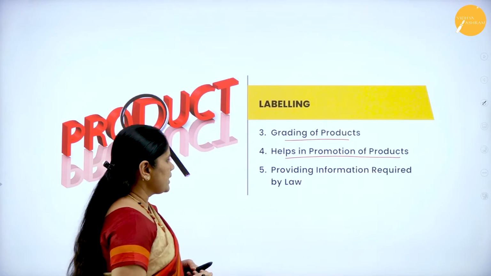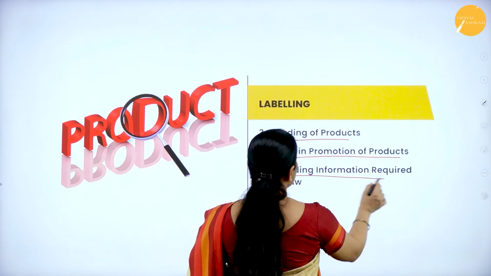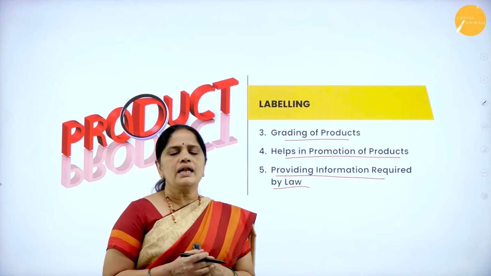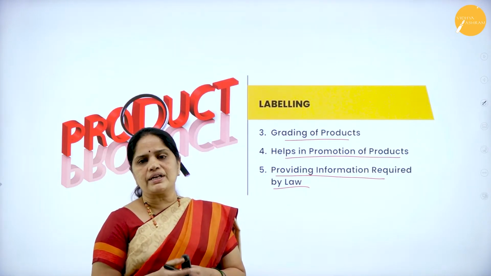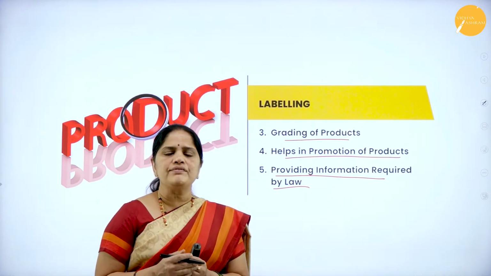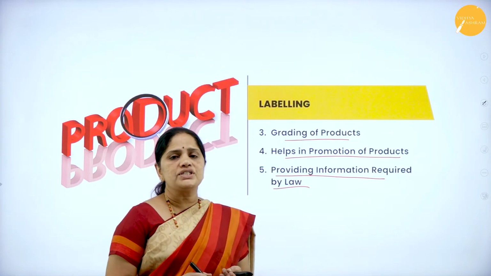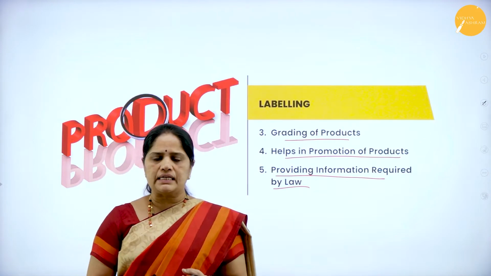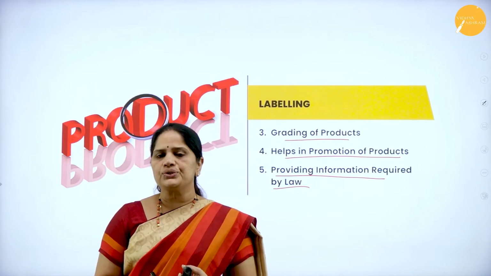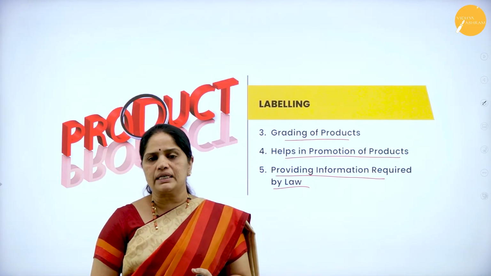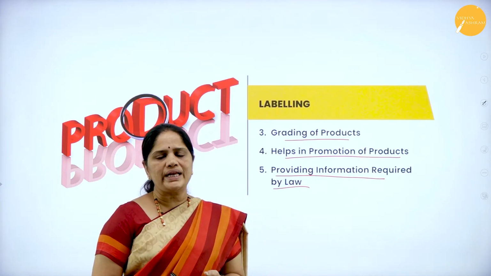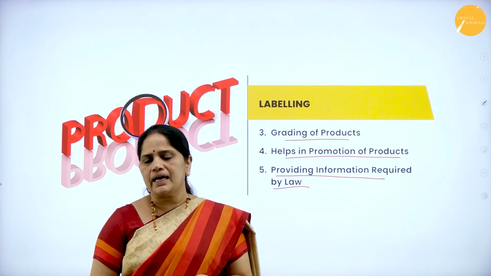Then the next one is providing information required by law. What do we mean by information required by law? For example, if it is a food item, then we have to say whether that food contains non-vegetarian items or only vegetarian items, and in addition to that, we have to also mention the date of packing and the weight of the product which we are selling.